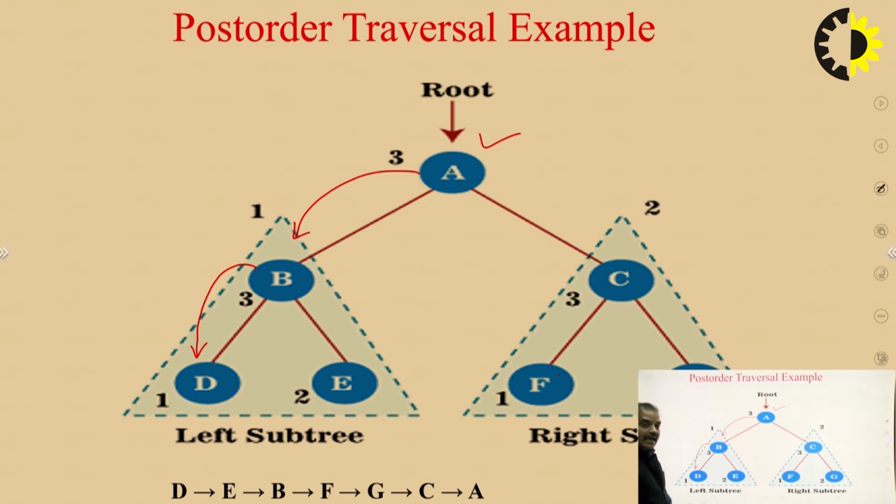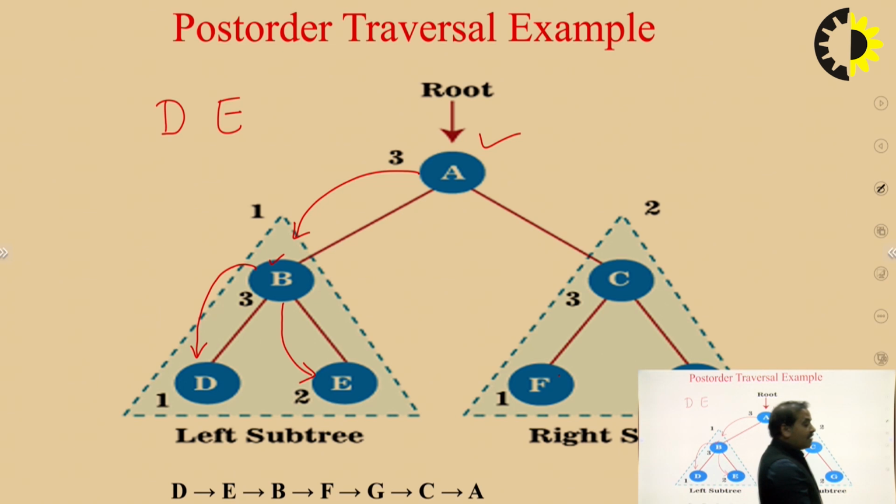D has no left child or right child, so we process D first, and we write D here. After processing D, we move on to the parent of D, that is B. Before processing B, we have to move on to the right child of B, and the right child of B is E. We have to process E after processing D, because in post-order, first we process the left child, then the right child.